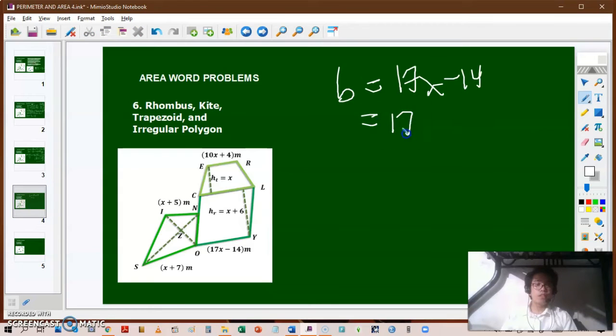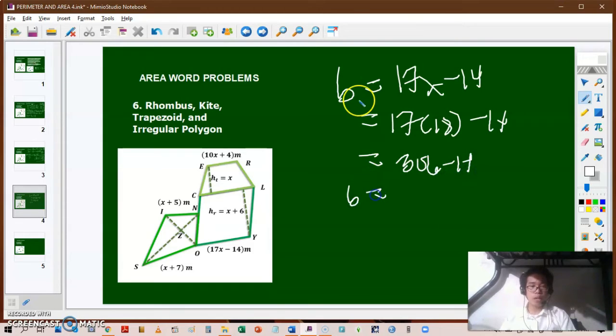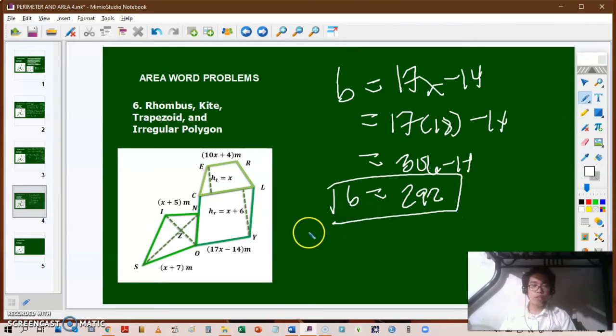That's going to be 17 times 18 minus 14. So 17 times 18 is 306, 306 minus 14, and the value of our base is going to be 292.